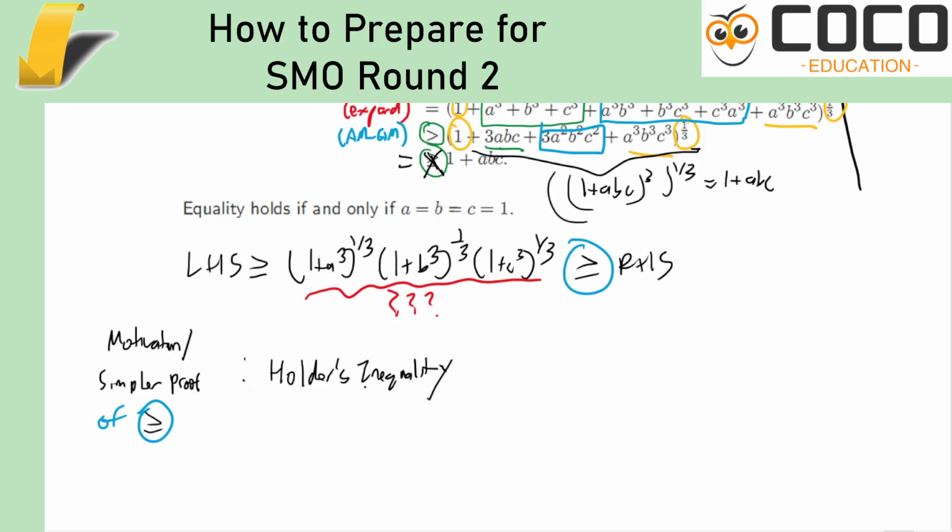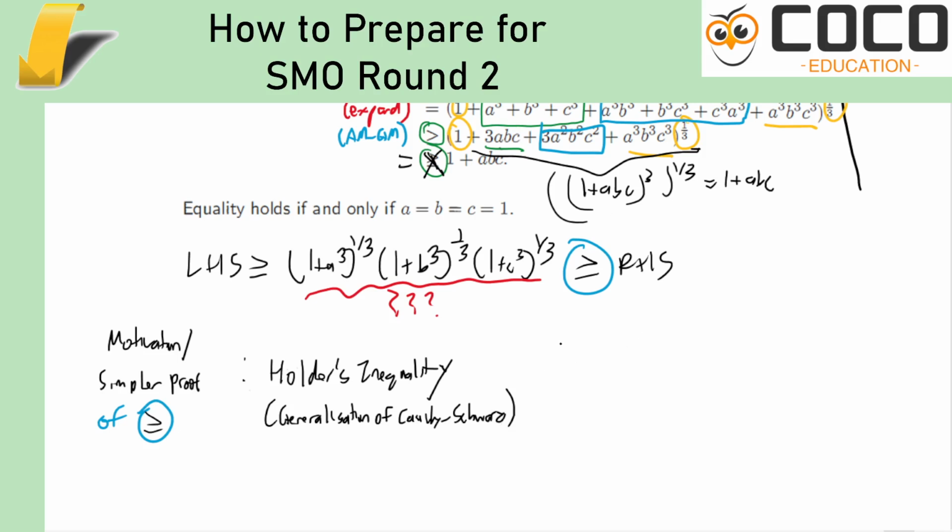Now, Holder's inequality is a generalization of Cauchy-Schwarz. So Cauchy-Schwarz is, you have got a product of square roots is greater than or equals to the sum of geometric means of the respective terms. Now this is with cube roots and 3 sets of terms. If you're not familiar with Holder's inequality, well, it would be hard to figure this out.